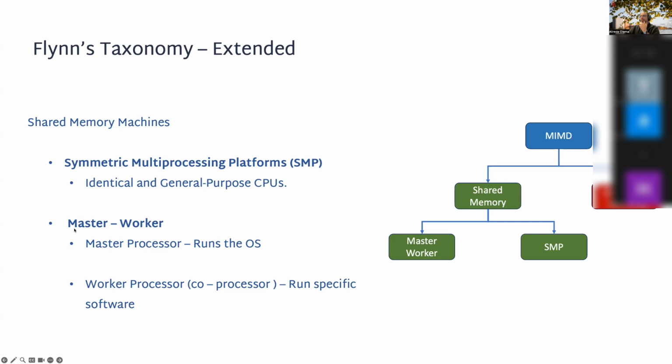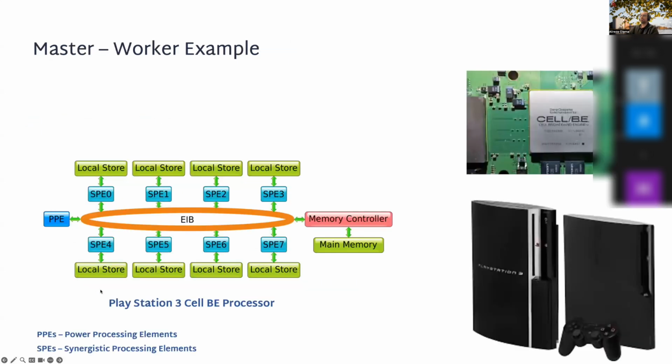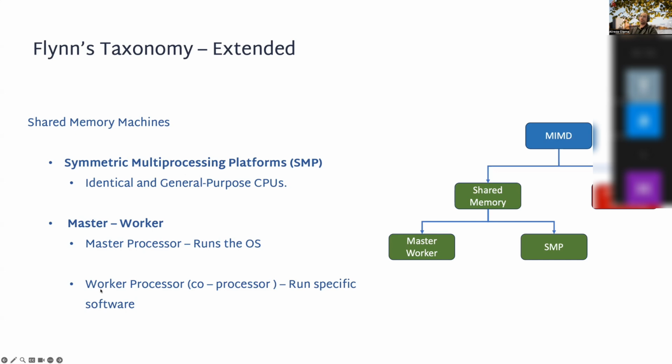And the master worker shared memory systems, as the name suggests, have a master processor and some worker processors. The master processor is a general purpose processor, and it is responsible for running the operating system, for example, performing some I/O operations.